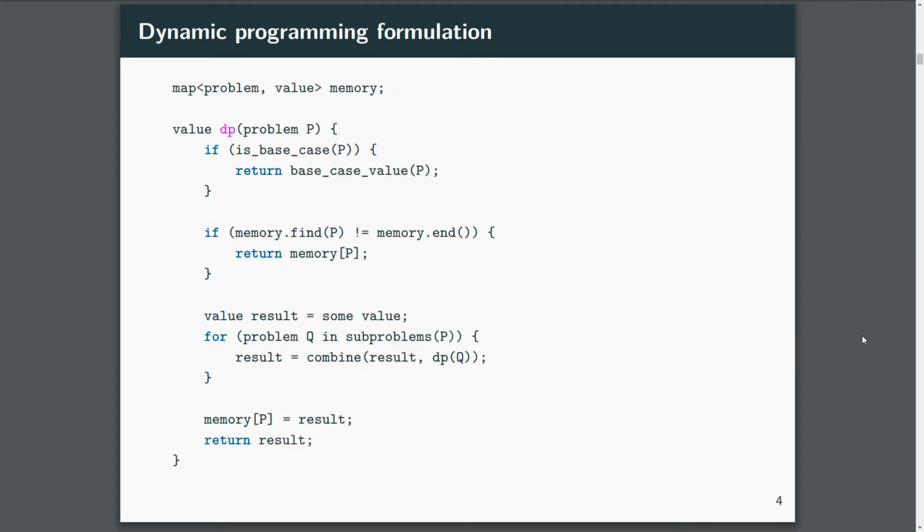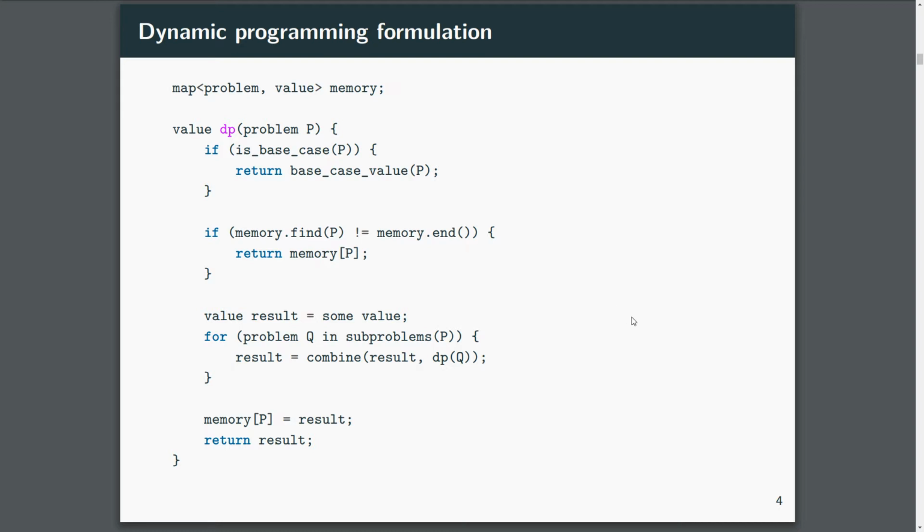So here's a template for a dynamic programming function. So we have this map here at top. This is our cache. And we're mapping from a problem, however we choose to represent it, to the result, a value.